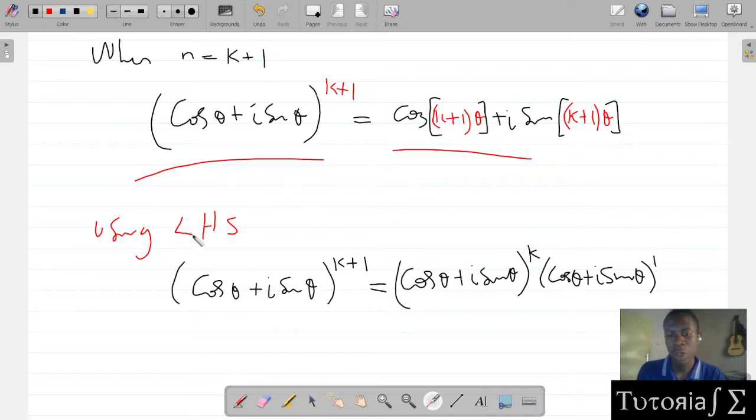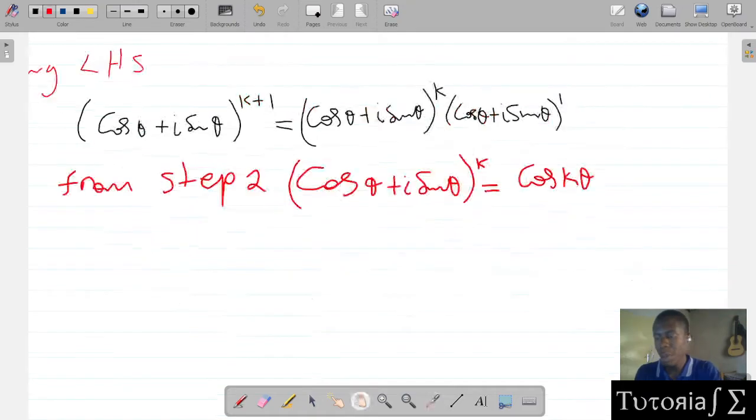How we are going to do that is we said cos theta plus i sine theta. This can be written as this using exponential properties. Remember, if we had powers adding, it means that their bases were multiplying. And from step 2, remember that cos theta plus i sin theta to the power k was equal to cos k theta plus i sin k theta.